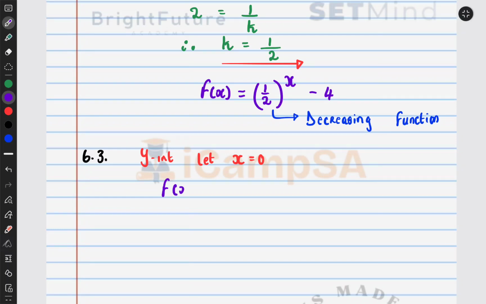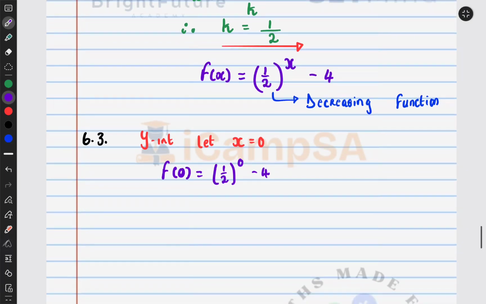So f at 0 is going to be 1 over 2 to the power of 0, minus 4. What is 1 over 2 to the power of 0? Anything raised to the power of 0 is going to be 1, minus 4. Therefore, y is equal to -3. That is the y-intercept. Y is equal to -3.